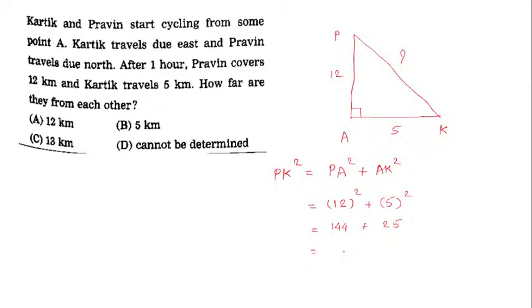So 144 plus 25, it's 169. That is equal to PK square, but we want PK, the distance between Praveen and Karthik. So we should take a square root. The square root of 169 is 13. So the distance between Praveen and Karthik is 13 km, which is given at option C. So option C is the correct answer for this one.